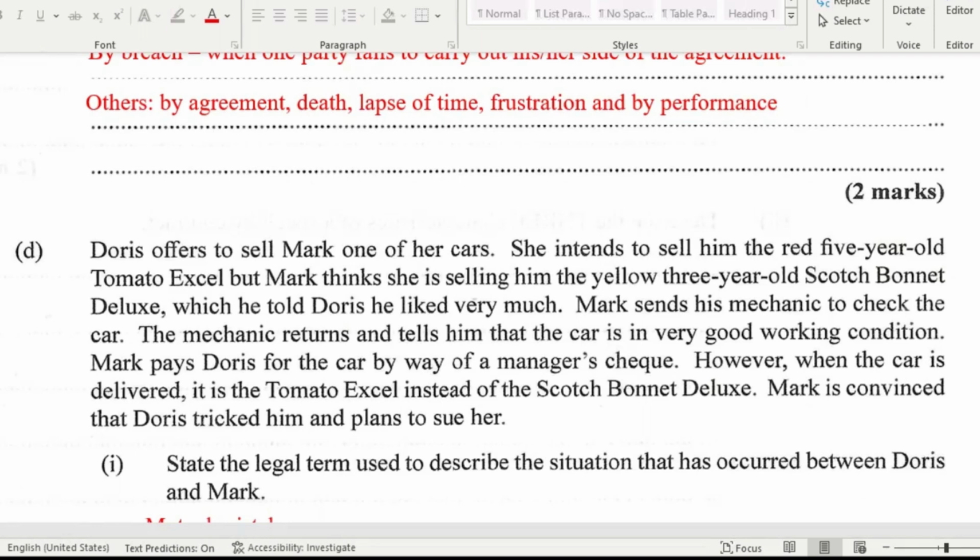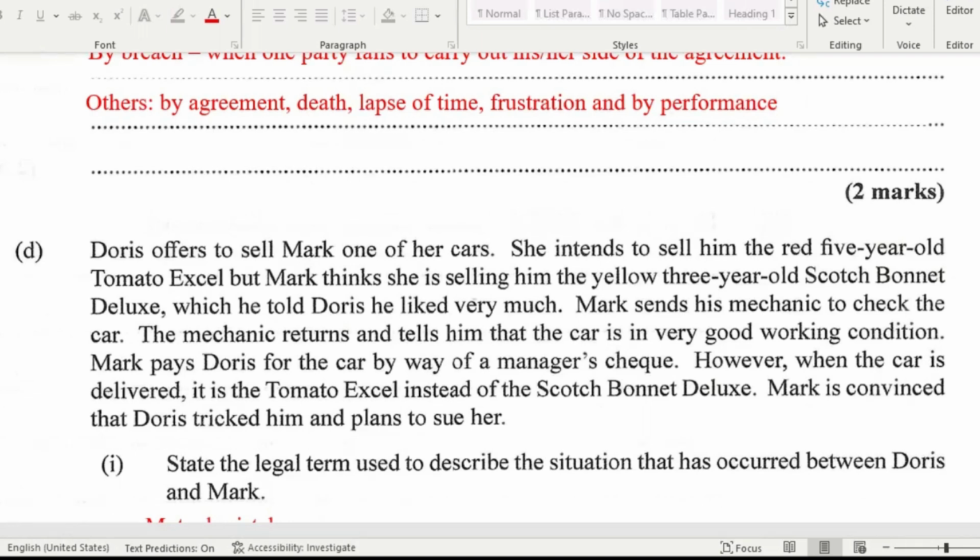The mechanic returns and tells him that the car is in very good working condition. Mark pays Doris for the car by way of a manager's check. However, when the car is delivered, it is the Tomato XL instead of the Scotch Bonnet Deluxe. Mark is convinced that Doris tricked him and plans to sue her.